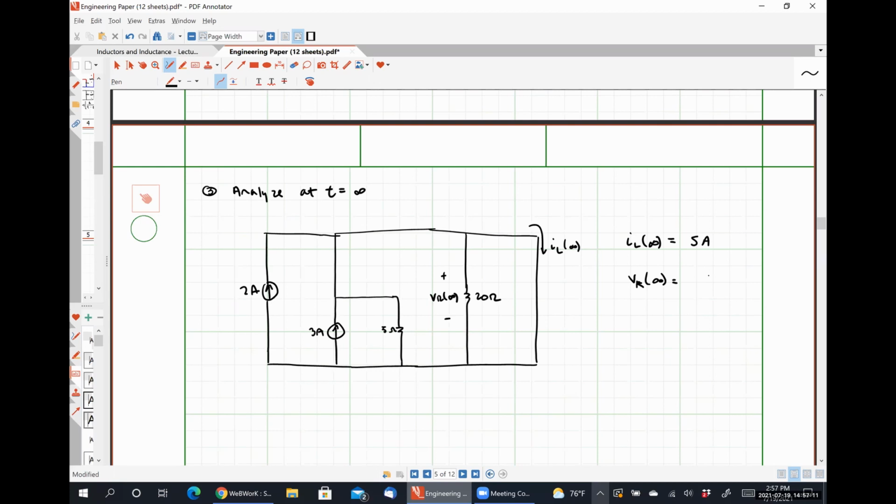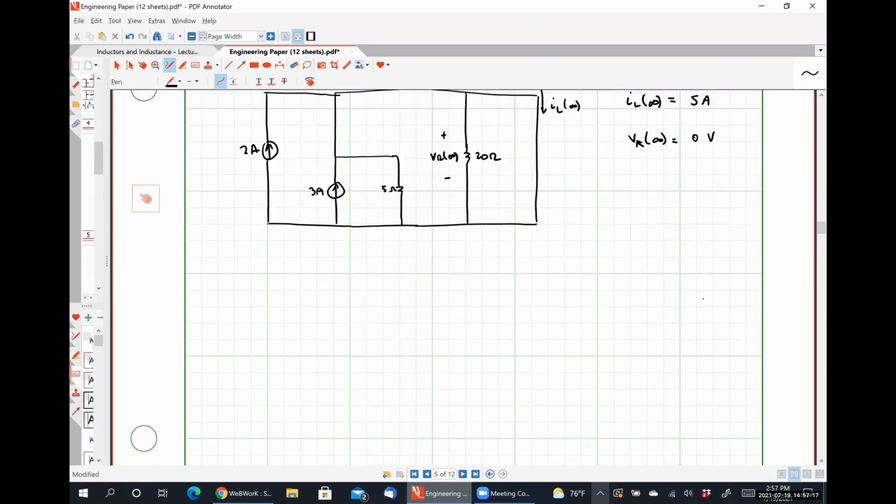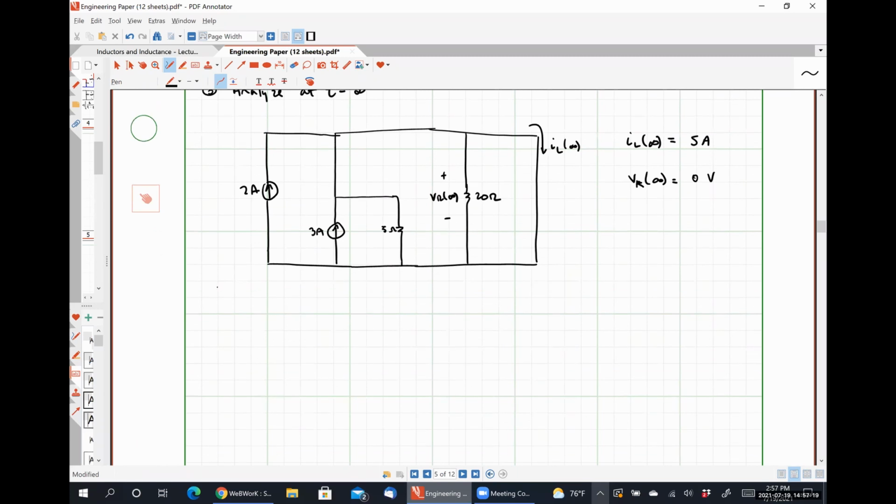And so we should see that VR at infinity is 0 volts. So step 4, is everybody okay with that analysis before we move on, actually? Yes, sir.